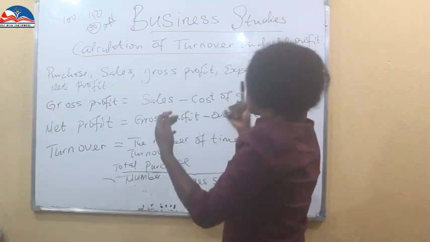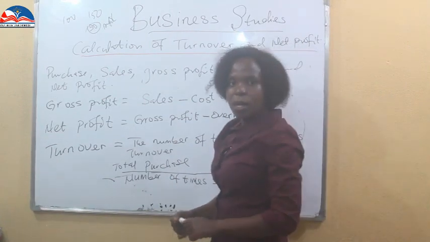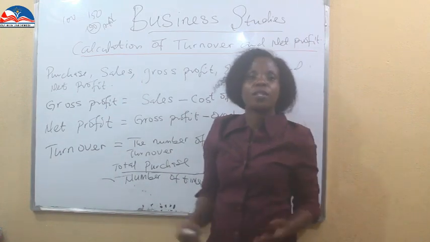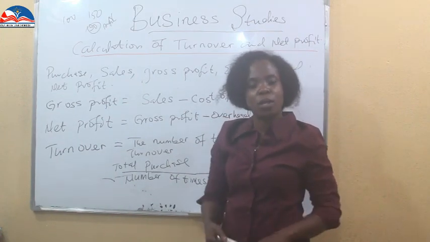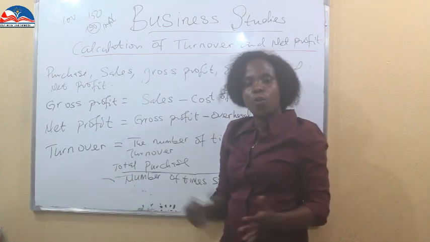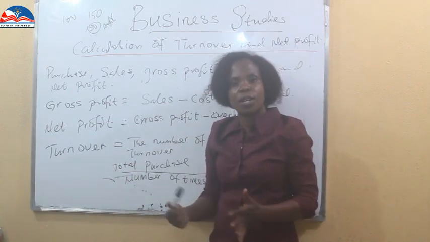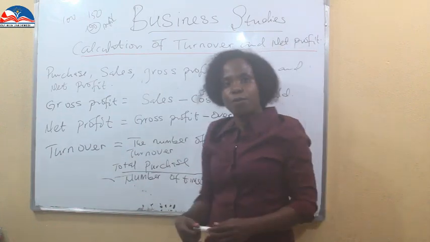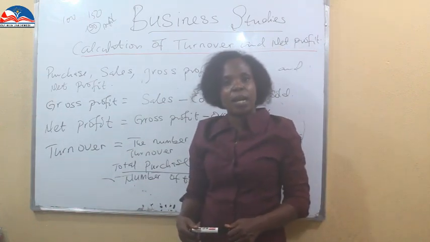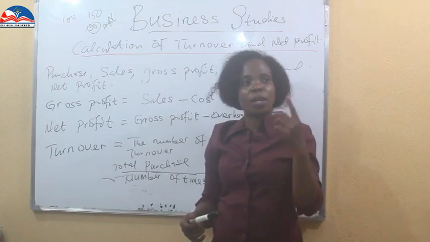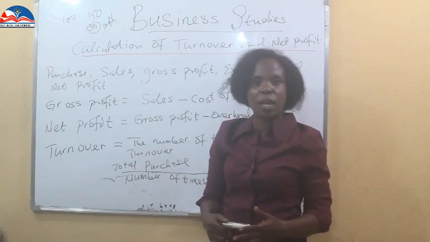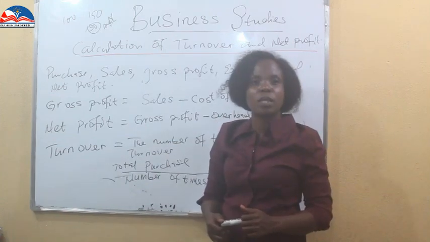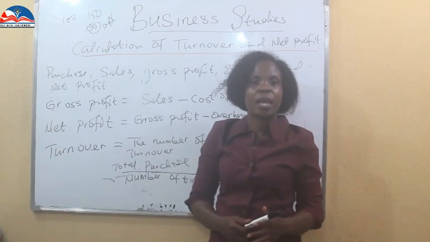Then what about expenses? In the process of carrying out business, you incur expenses. There are expenditures incurred. You went to Onitsha to get your goods. After buying from your seller, say a product costs 100 naira, you will add the costs of transporting it. You ate there.